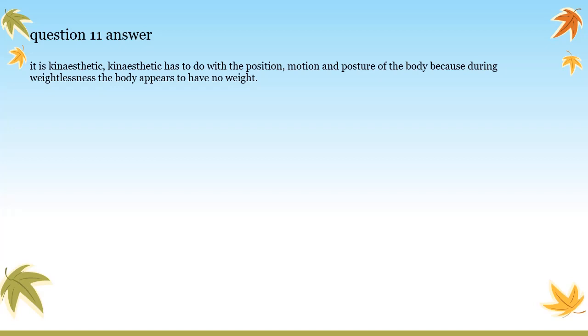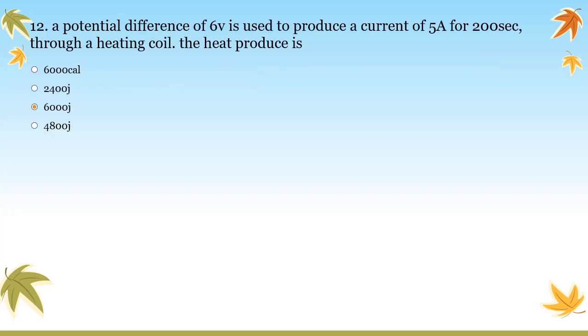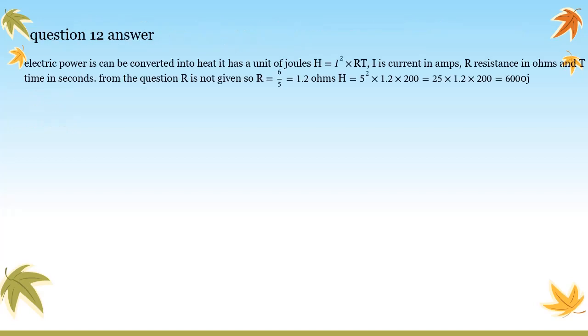12. A potential difference of 6 V is used to produce a current of 5 A for 200 seconds through a heating coil. The heat produced is? Electric power can be converted into heat. It has a unit of joules.